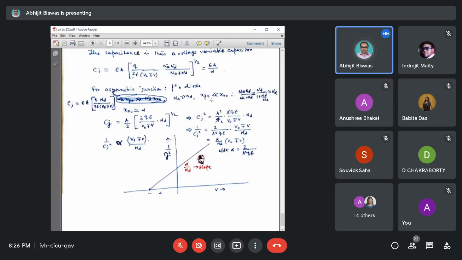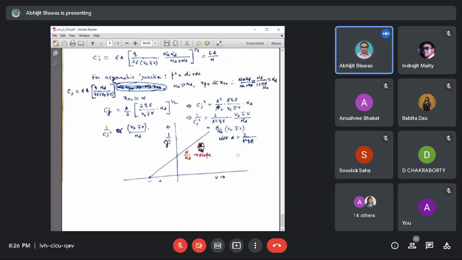P plus N means on the P side it is heavily doped with acceptors. As you know, the extent of the depletion region on the P side would be very, very small compared to that on the N side, because as doping concentration increases, the depletion width on that side decreases. It has an inverse relationship.